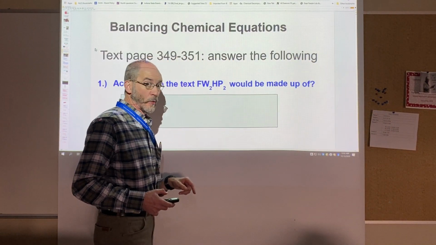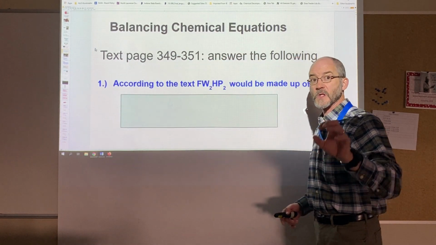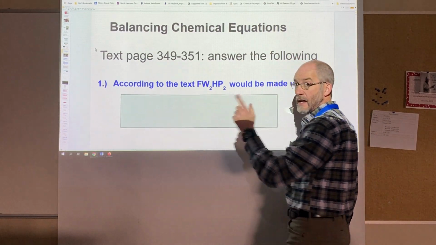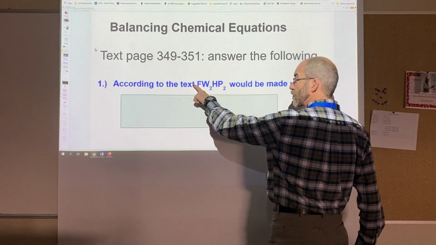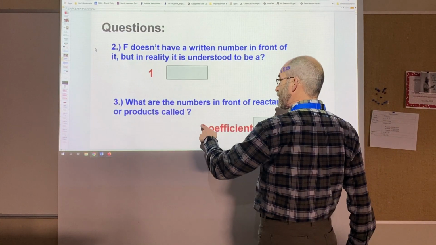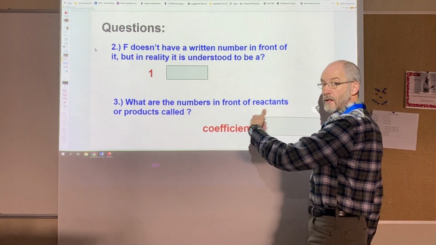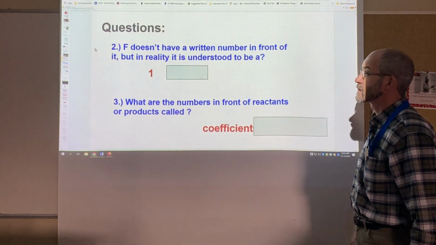So really, you didn't see that here, but I'm telling you right now that sometimes you do have numbers in front. Now, I also want to add a little note here, give you a little food for thought. If you have a number in front, you're going to multiply it all the way through, okay? But that number in front would be called a coefficient, all right, if you had a number in front. And we'll look at that here in a second, so just stick with me and just continue to listen, all right?